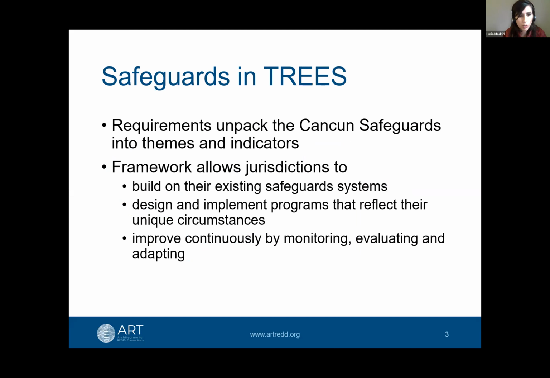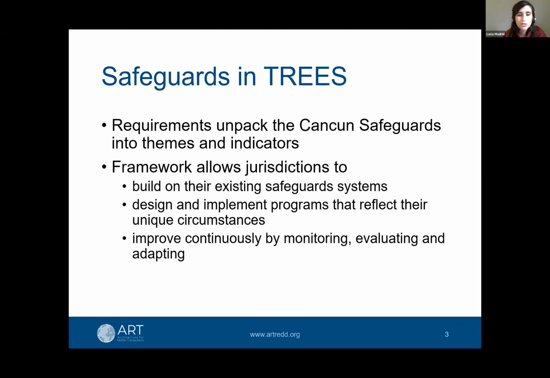Our requirements do not go beyond the substantive scope of the Cancun safeguards, and provide clarity on the expectations without prescribing approaches or procedures to respect country autonomy on design and implementation. Our requirements are aligned with current Cancun safeguards reporting requirements under the Warsaw framework for REDD+ that we have already reviewed in the UN-REDD presentation before in the introduction of this webinar.